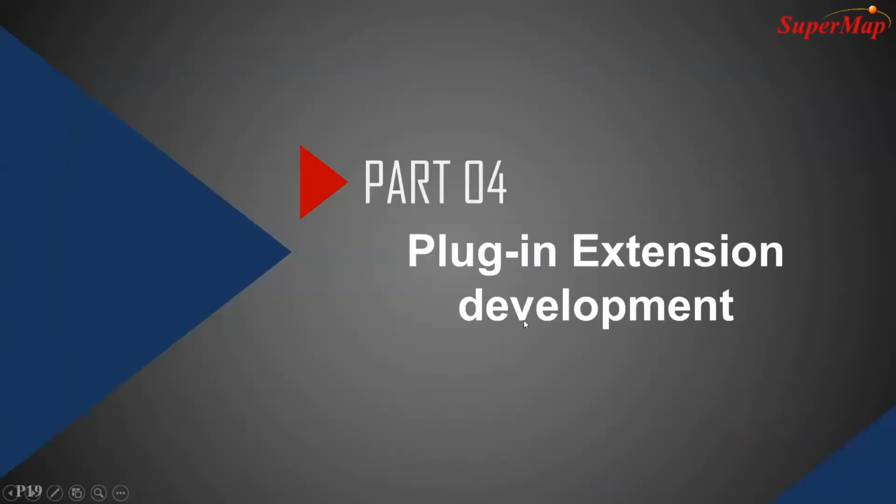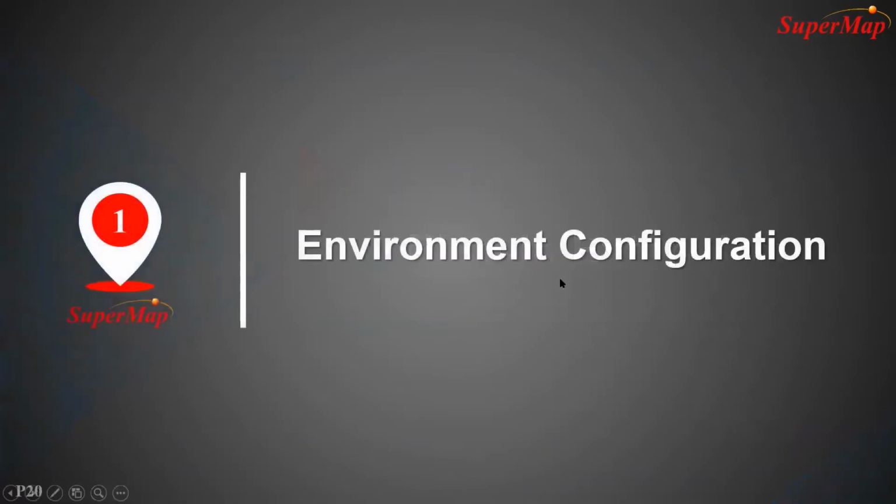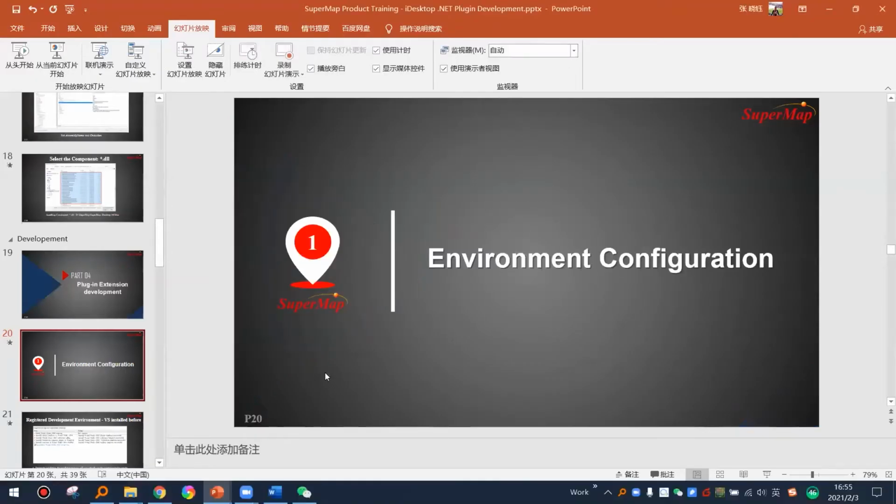And in this part, we will show you how to customize and add some of your own functions. Before we start the development, we need to do several steps for the environment configuration.